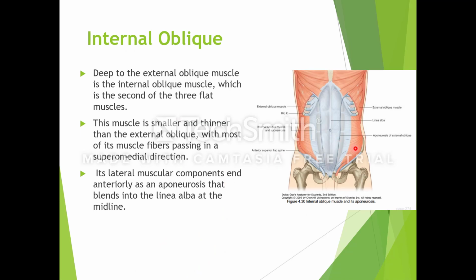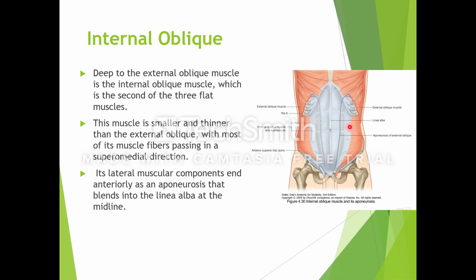Now we will discuss the internal oblique muscle. When we remove the external oblique, we can see the internal oblique muscle, which is the second of the 3 flat muscles. See here, this is also a flat muscle. This muscle is smaller and thinner than the external oblique muscle, with most of its muscle fibers passing in a superior medial direction.